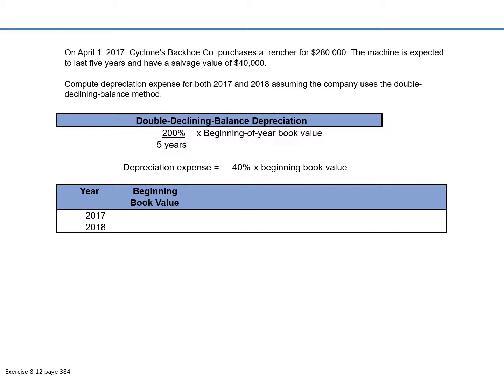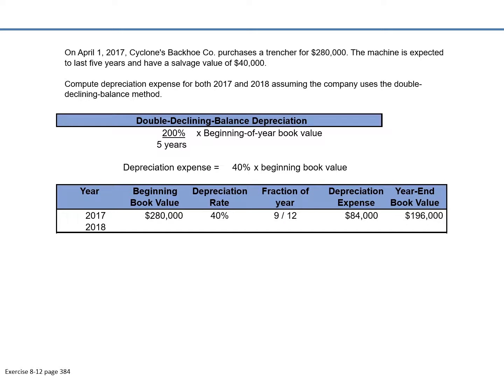So in 17, our beginning of the year book value was 280,000, right? Our rate's 40%. Our fraction of the year, 9/12, right? So that's $84,000. 280 times 40% times 9 divided by 12.